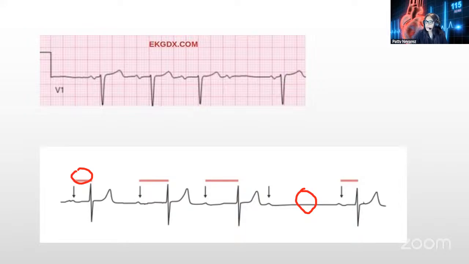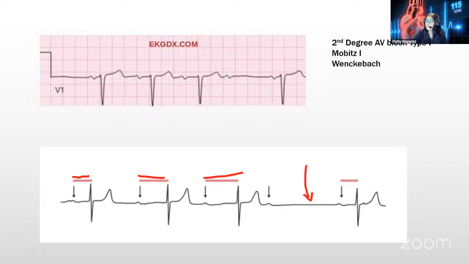Knowing that the PR interval lengthens in Wenckebach and is the same in Mobitz 2, I'm going to make a decision here, because just looking at these lines right here, longer, and then it drops. So we end up with second degree AV block type 1, Mobitz 1, or Wenckebach. Remember, all these names go to the same.